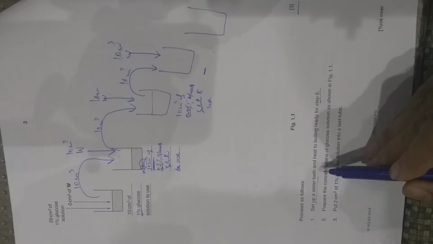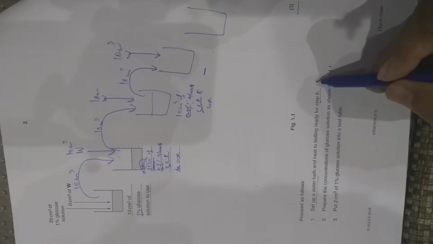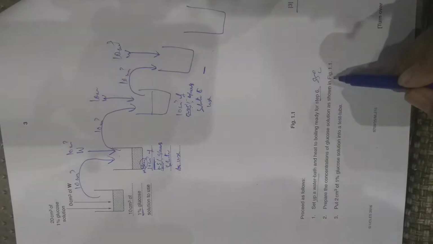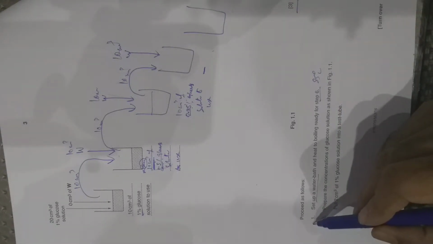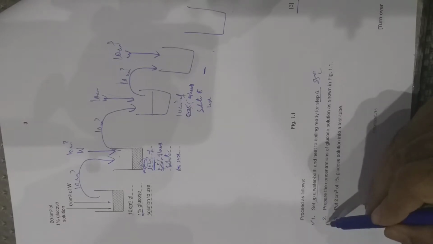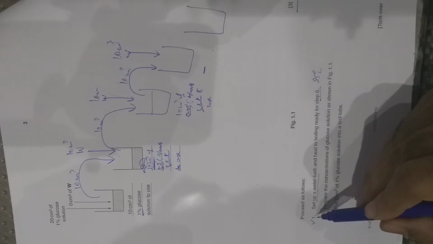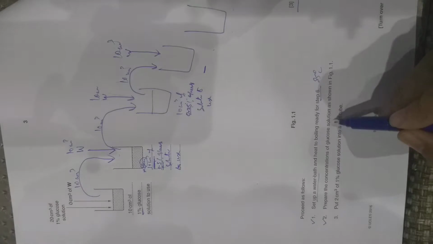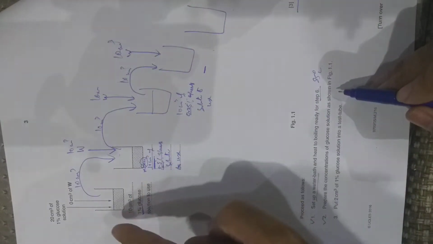Meanwhile, as you read this question paper, the temperature of the water bath reaches around 85 degrees Celsius. Prepare the concentrations of glucose solution as shown in figure 1.1. You should tick against every point that you have completed. So after you have set the water bath, you should put a tick here, and you should put a tick here after you have prepared the concentrations of glucose using the method discussed in this diagram.